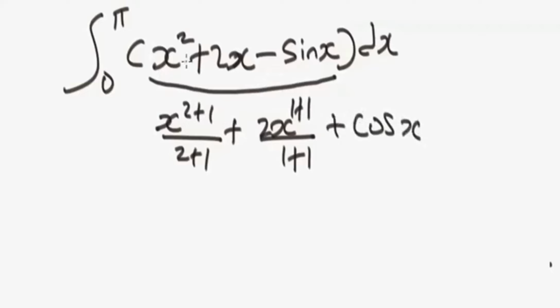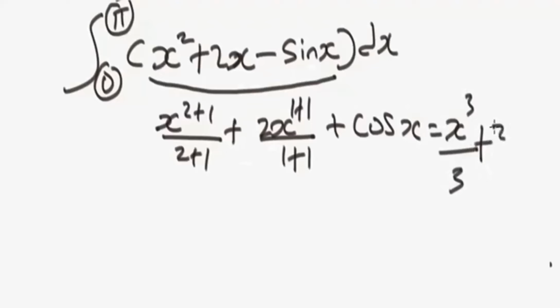Before you plug in the limits, let's simplify this more. You're going to have x to the power 3 over 3 plus 2x to the power 2 over 2, plus cos x.